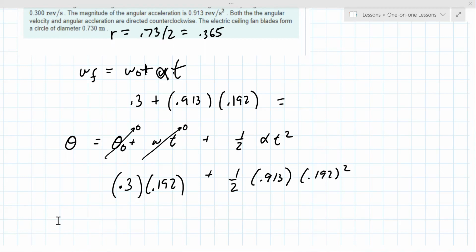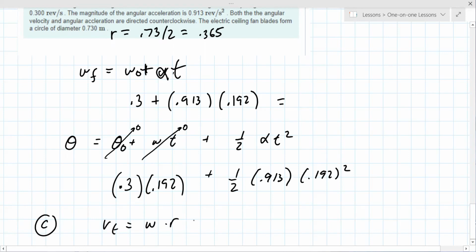Okay, so in part C they say V tangential equals omega times R. The omega is 0.486. Where did that come from? Okay, so that answer from part A, what was the answer for part A? For part A, I got 0.475.